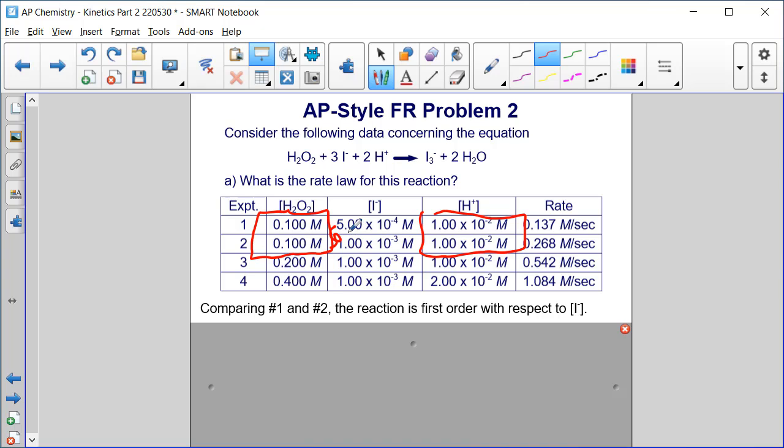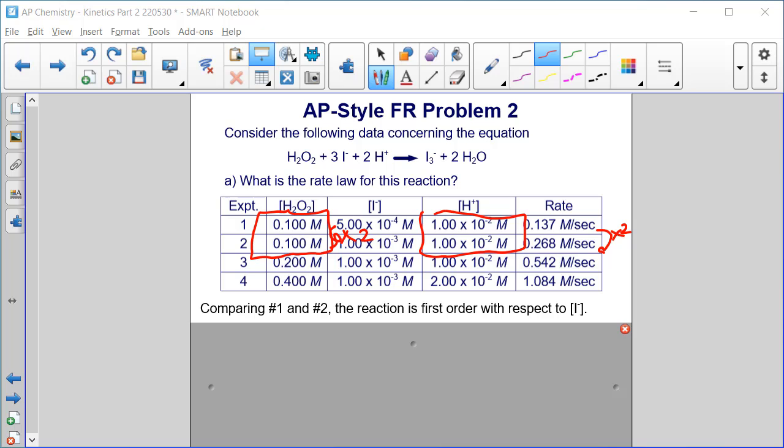So this is times 2. And then what happens from here to here? This is also times 2. 0.137 times 2 is 0.268. Okay, so what that means is the reaction is first order with respect to I-.